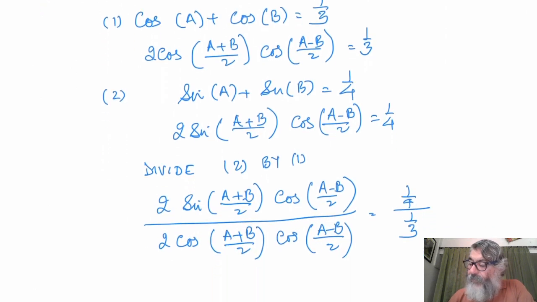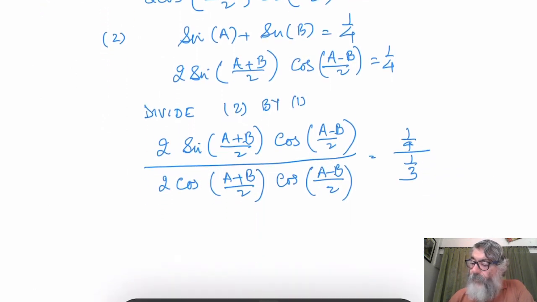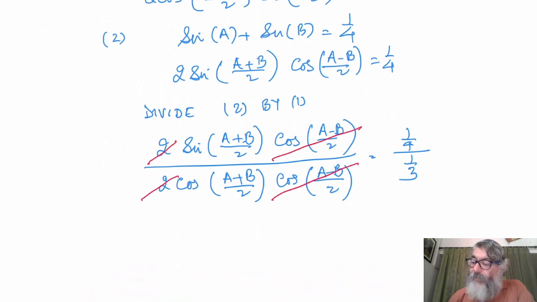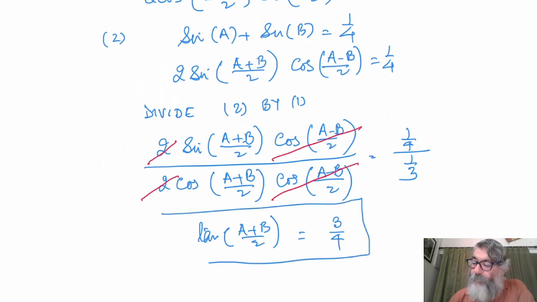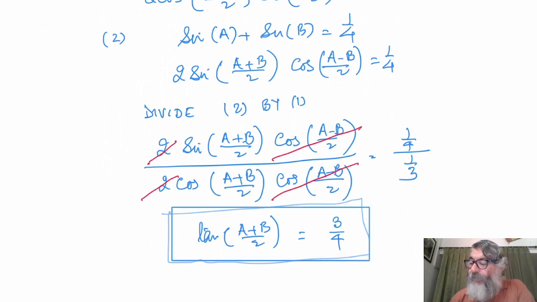Now this term will cancel with this term, 2 will cancel with 2. So I'll get sin (A plus B)/2 upon cos (A plus B)/2, which will become tan (A plus B)/2, and 1 by 4 into 3 by 1, it will be 3 upon 4. So we have got tan (A plus B)/2 is equal to 3 upon 4. That was the question we had to prove.